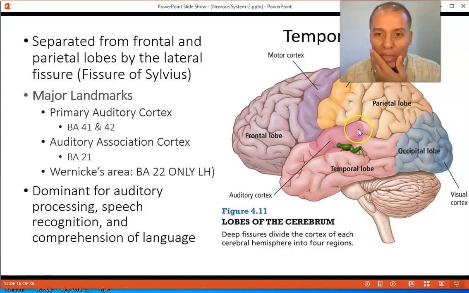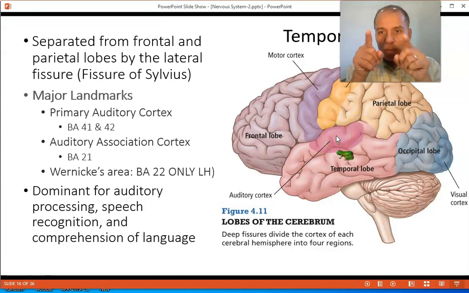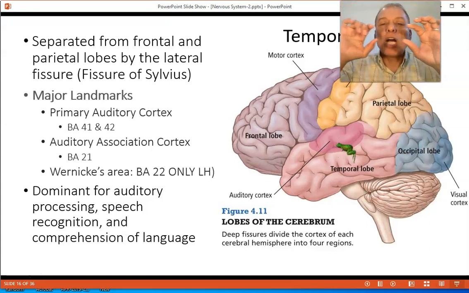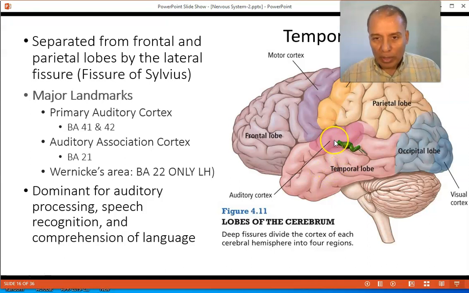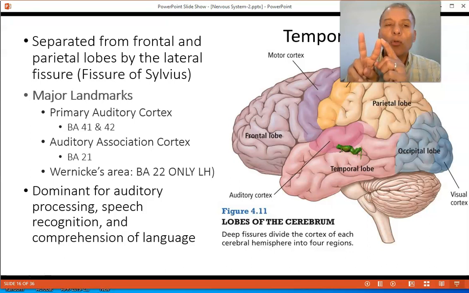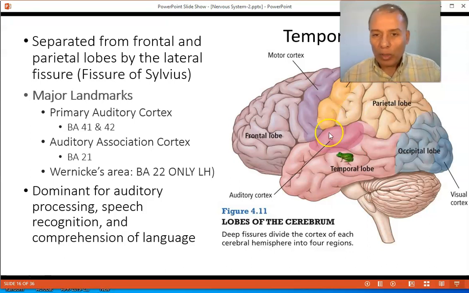It lies in the middle superior temporal gyrus, that pinkish area here. It is made up of two areas: Brodmann area 41 and Brodmann area 42.